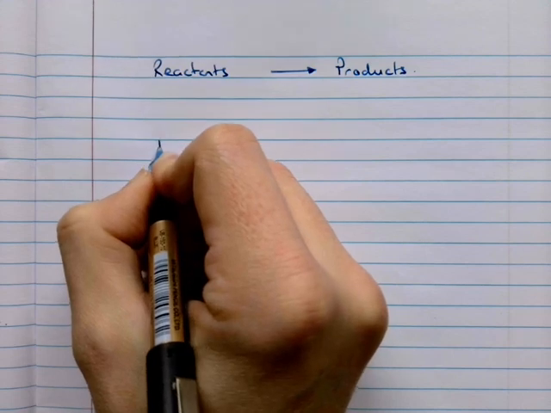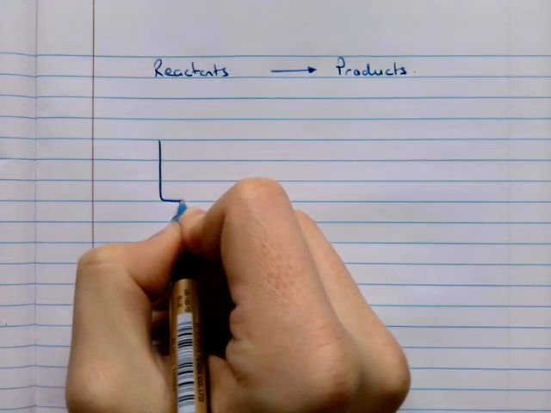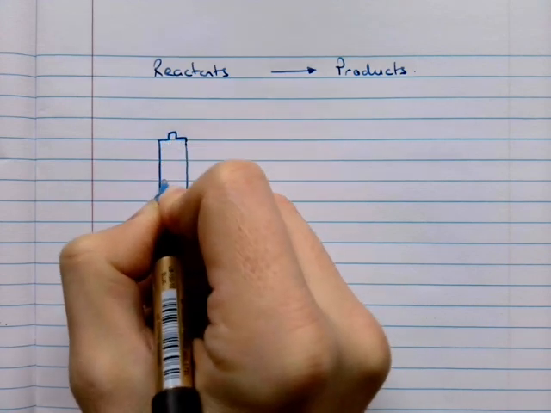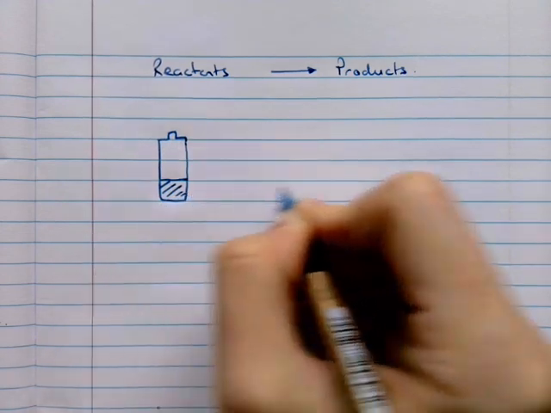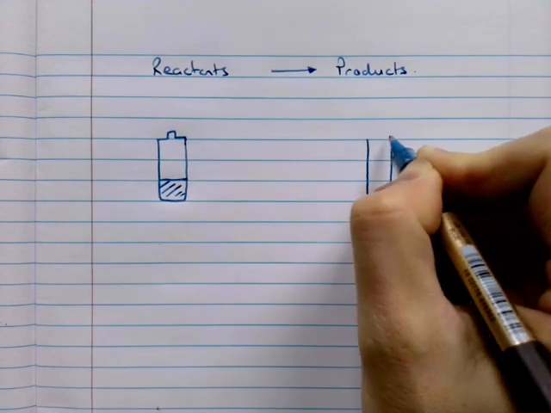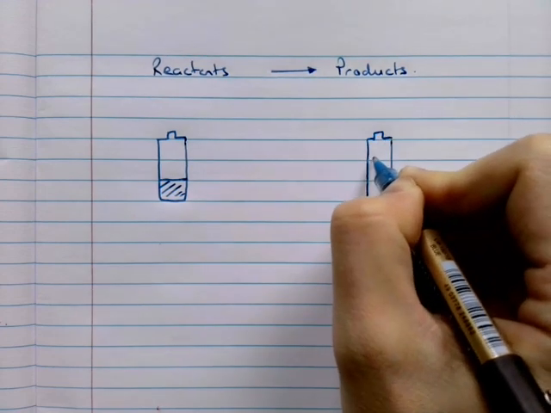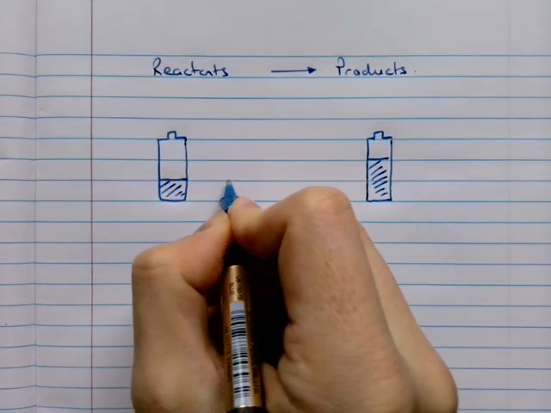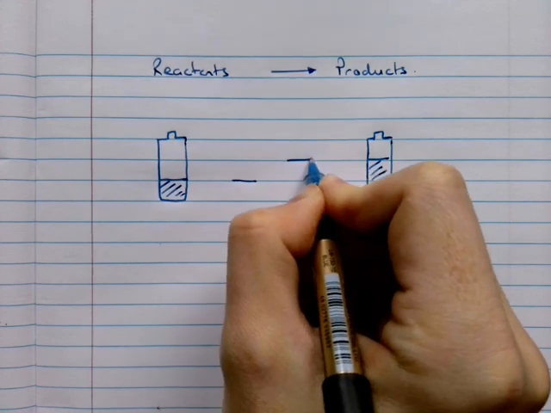So if we imagine the energy stored in our reactants was this much, then in an endothermic reaction, the energy stored in the products is going to be higher than that. Okay, so I've gone from this much energy to this much energy.